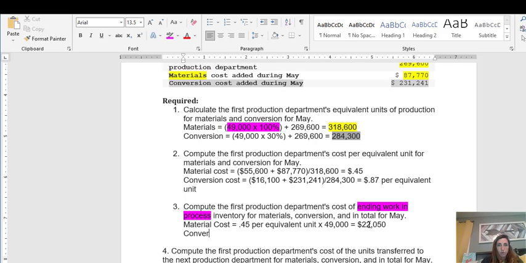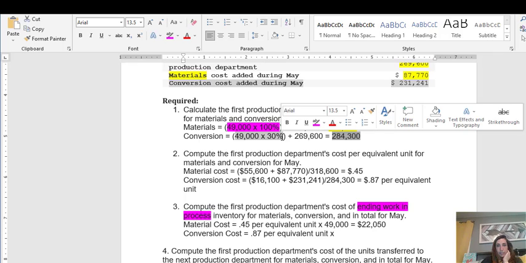When I calculate conversion cost, though, this is the most often missed part of the problem. The cost per equivalent unit is not going to be multiplied by 49,000. It's going to get multiplied by 49,000 when that's at 30%.